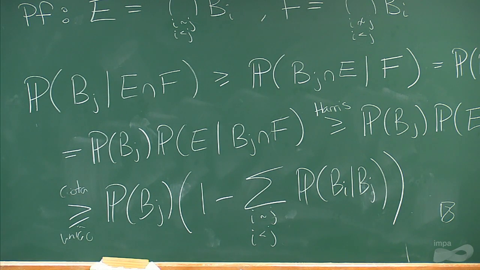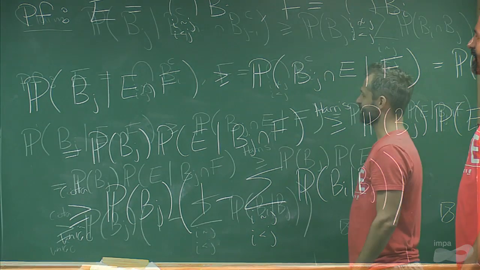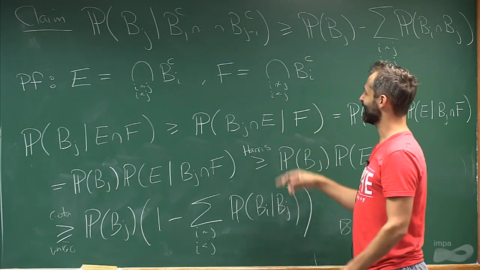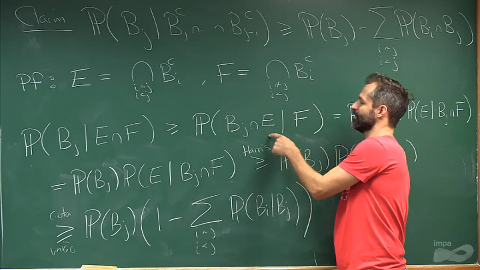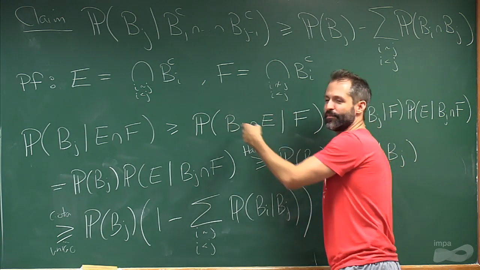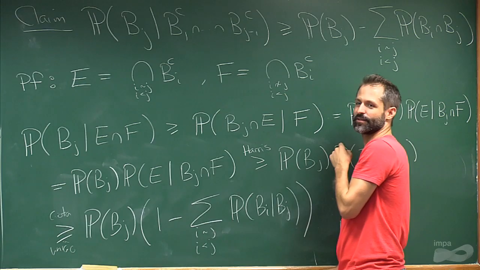Good. It's magic, no? So for this one, given F, E has to happen, and then B has to happen given E and F both happened.